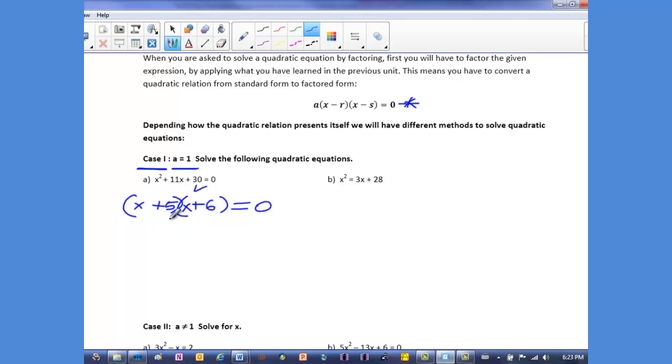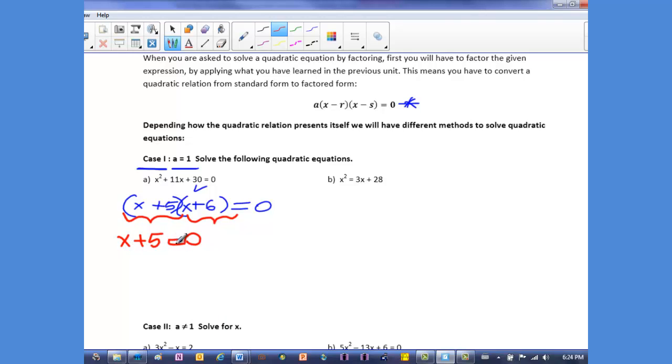Now, how do we solve this equation from this form? I want you to imagine setting each of these brackets as an individual linear relation. Where is the entire equation 0? When each one of these brackets will be potentially 0. So let's set up our first linear equation. x plus 5 equals 0.